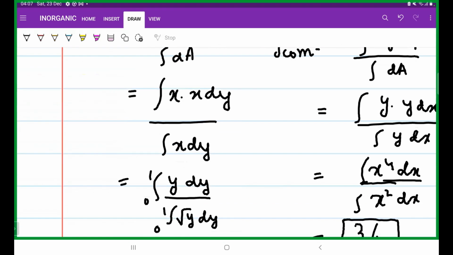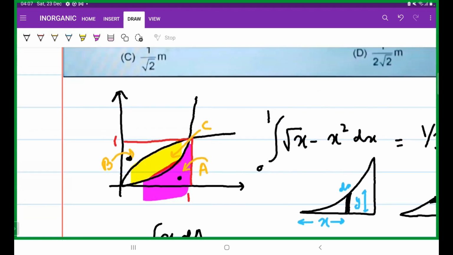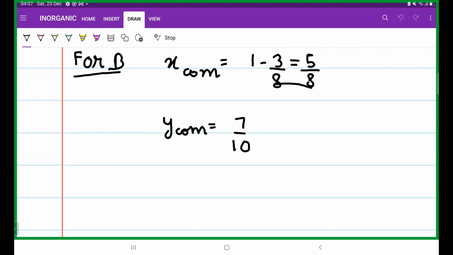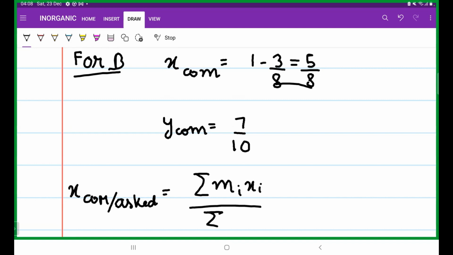So now that we have the center of mass values for blocks B and A, it should not be very difficult to find the center of mass of C. We will be using the mass removal technique, wherein we will consider the entire square, that 1 into 1 square, and then we will remove blocks A and B. So the X center of mass, which has been asked from us, the final answer, we can write as integration mixi divided by integration mi.